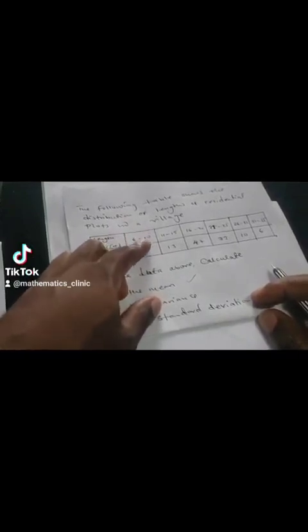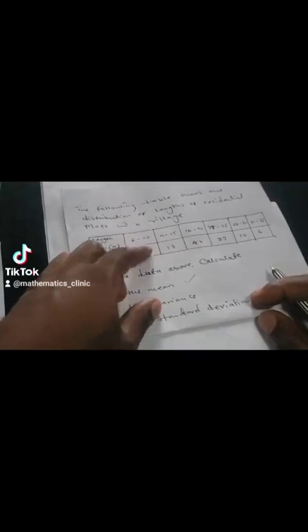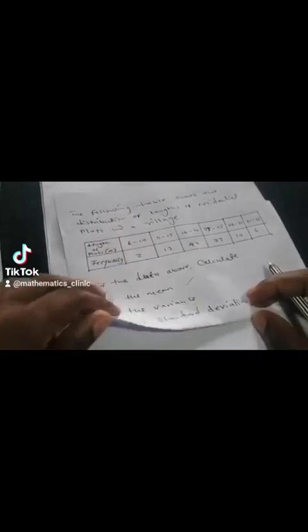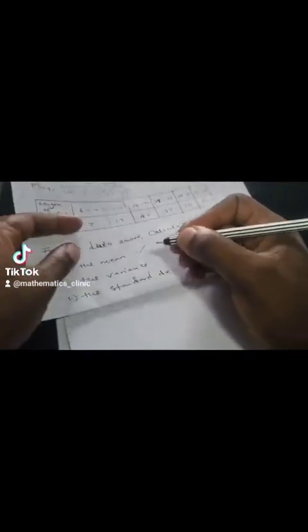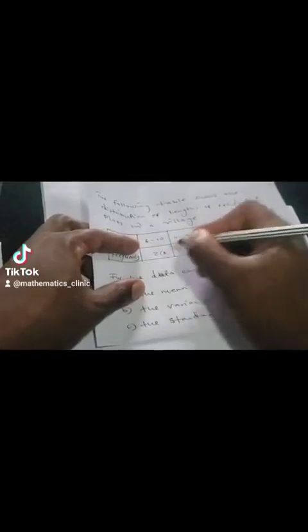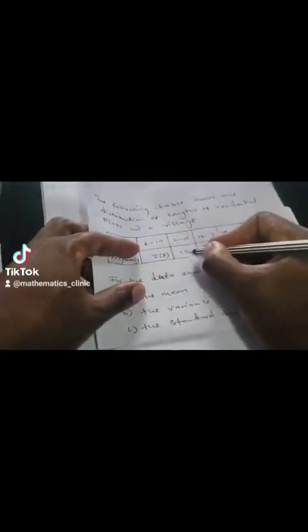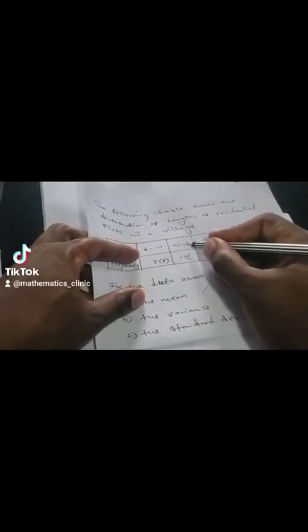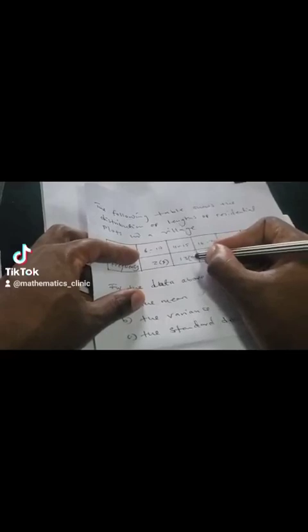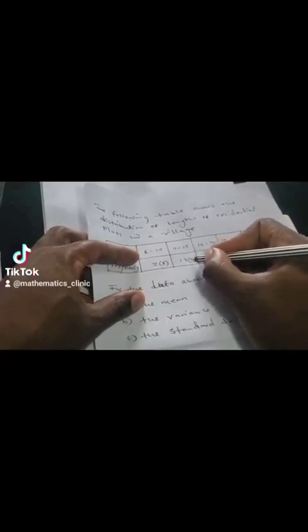The half of 6 plus 10, which is 16. So 16 divided by 2, it's 8. So put 8 right there. Okay, so here we're going to have 8. Then there we're going to have 11 plus 15 is 26. So 26 divided by 2 is 13.